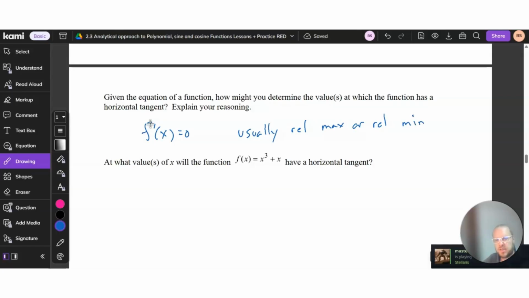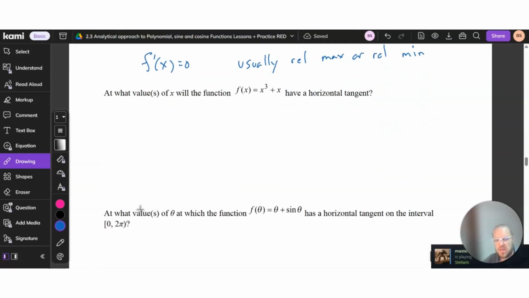At what values of x will this particular function have a horizontal tangent line? Well, that means that we call it f, so f prime of x is going to be equal to 3x squared plus 1. That's just me taking this derivative. And I want that thing to be equal to 0 so that it has that horizontal tangent line.